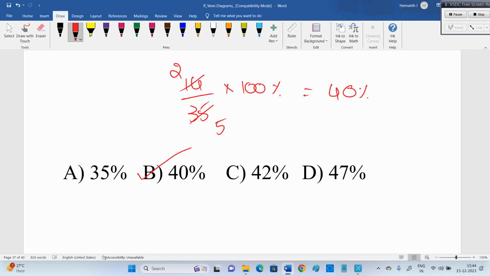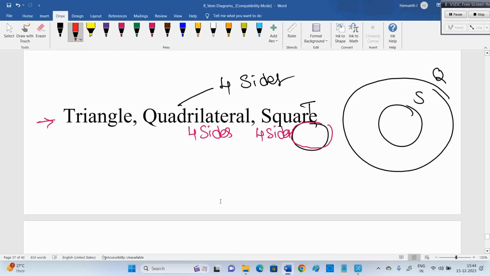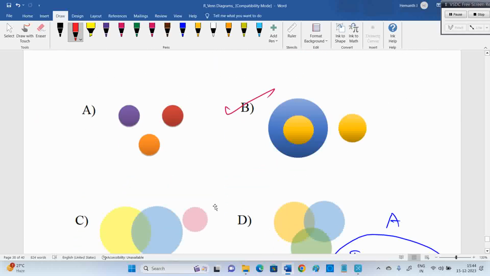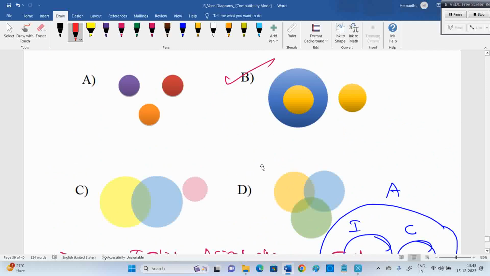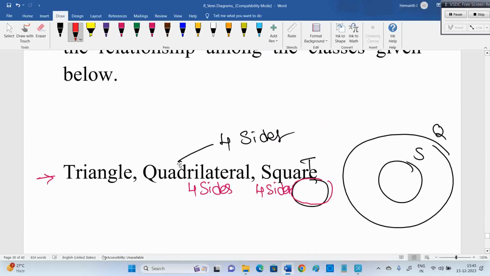Sir, regarding the relation between three words, that method I gave only a few questions, because for placements there is no need to go into that area; they're not asking much. But in SSC, JE and government sector jobs, they're asking. That's why I have given some extra questions now. Triangle, quadrilateral, square is one example. Indian, Asia, China, black men, tall men, all those examples you can use.